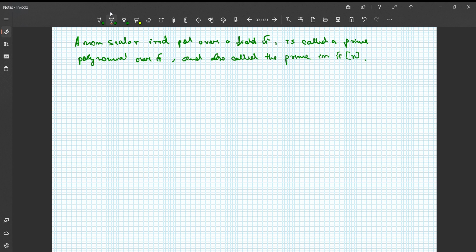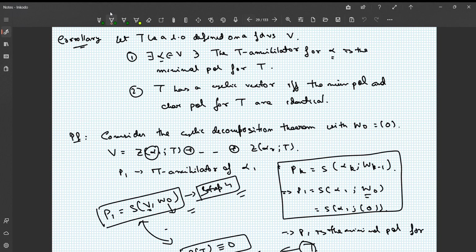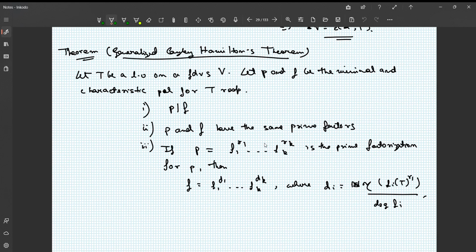Okay, so this is the prime element. So these are the prime elements which we are talking about in this theorem.